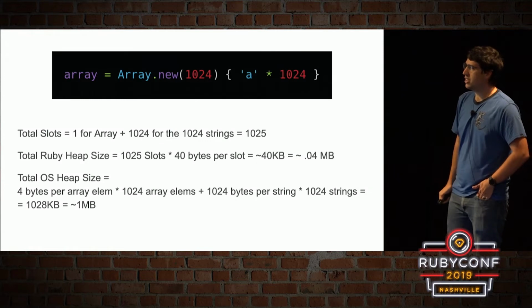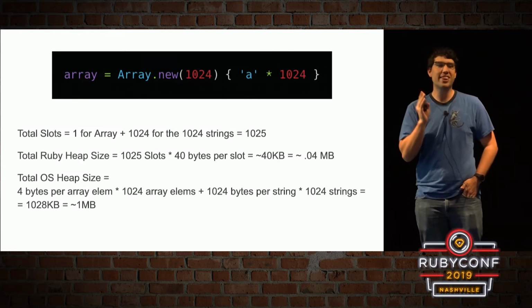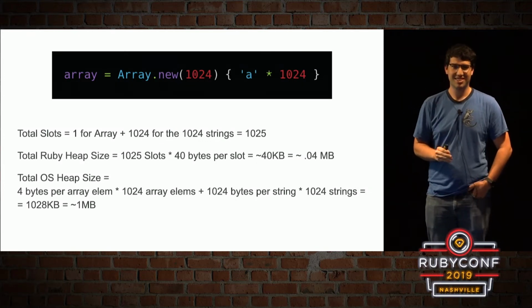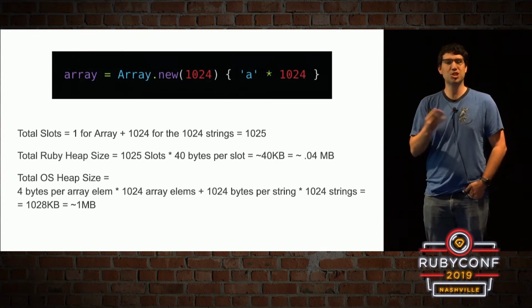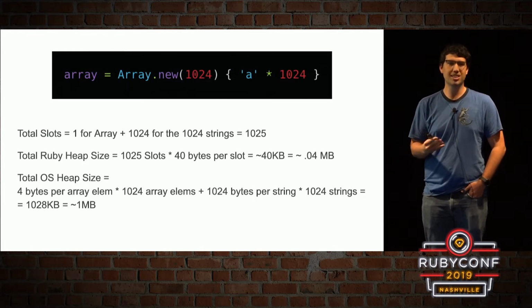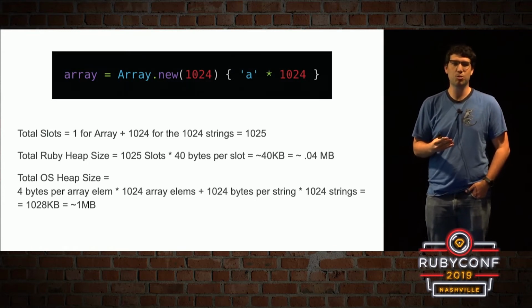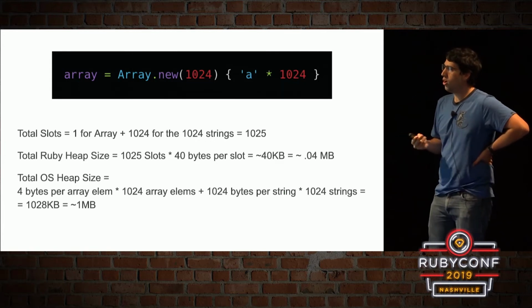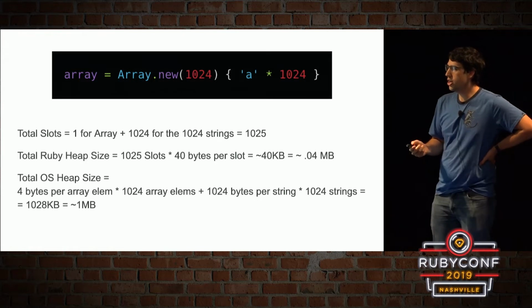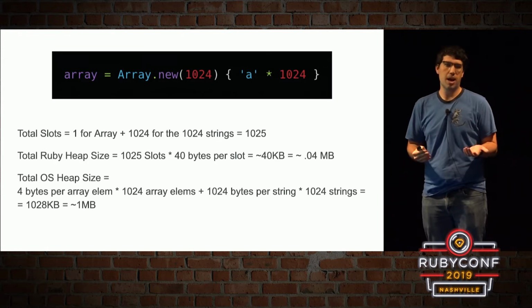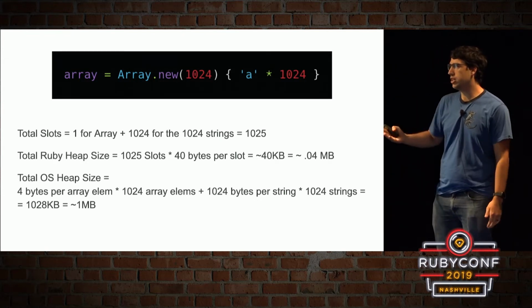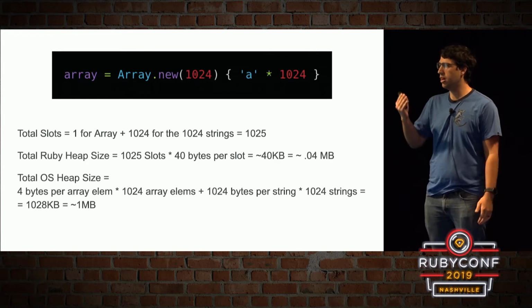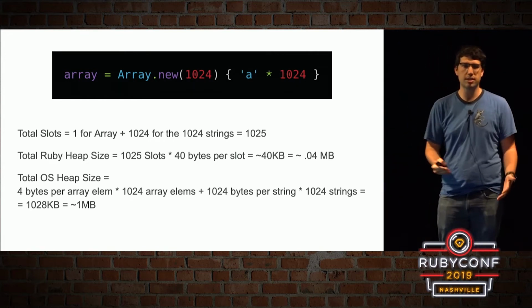So as an aside, let's talk about how much memory we think we should be using. It's always interesting to say how much memory we should be using, and then realize that in practice that is never reality. On the Ruby side of things, we know we need 1 slot for the array and 1 slot for each string. So we should end up with 1,025 Ruby slots.